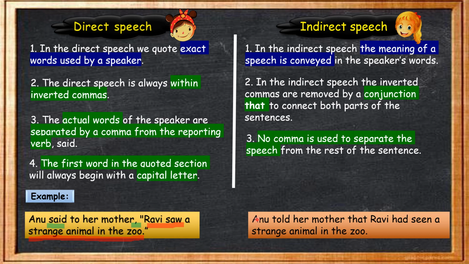Now indirect speech: Anu told her mother that Ravi had seen a strange animal in the zoo. Now children, see here. In this sentence, we have used that in place of the quotation mark and comma. The first part of the sentence is not separated by a comma, and both the first part and the second part of the sentence are connected by this conjunction, that. Is it clear, children?